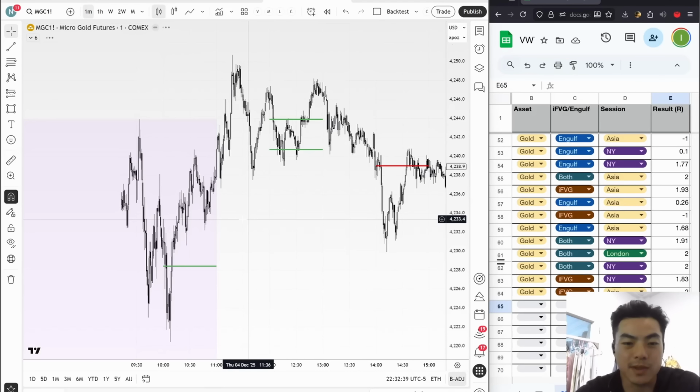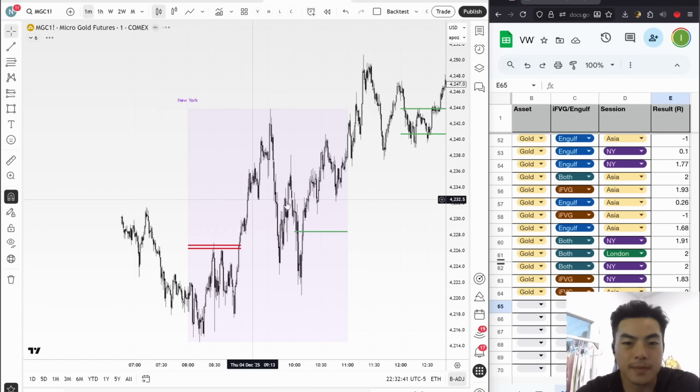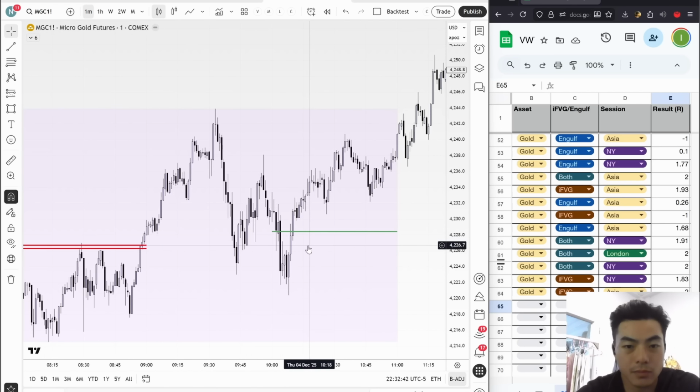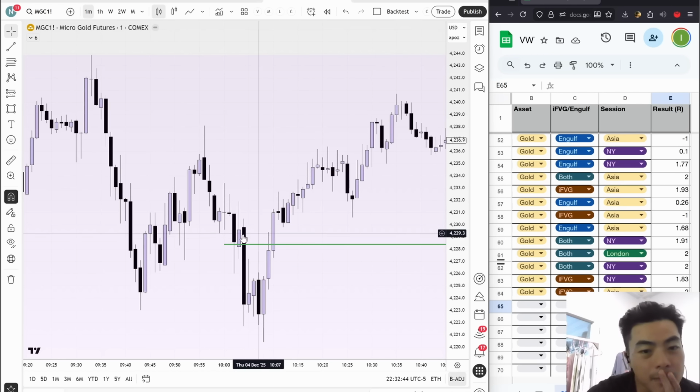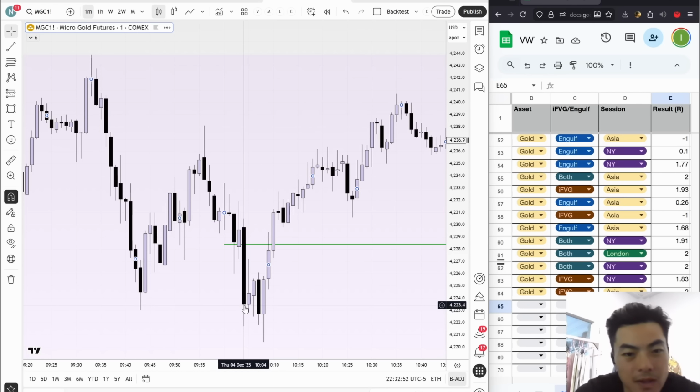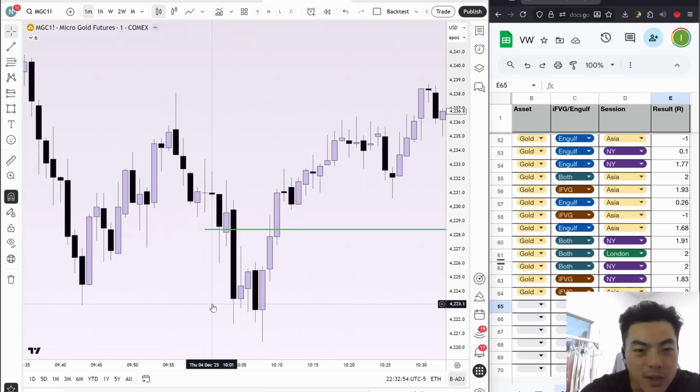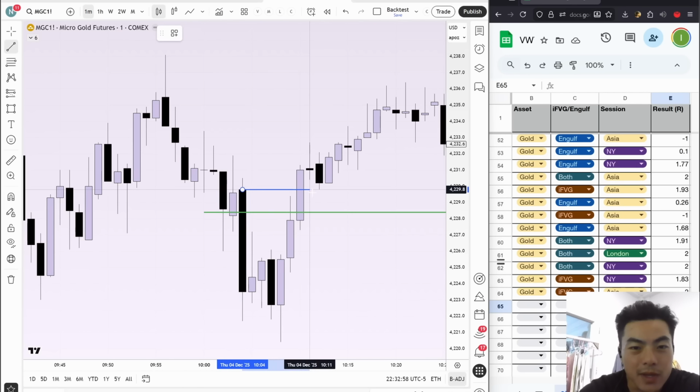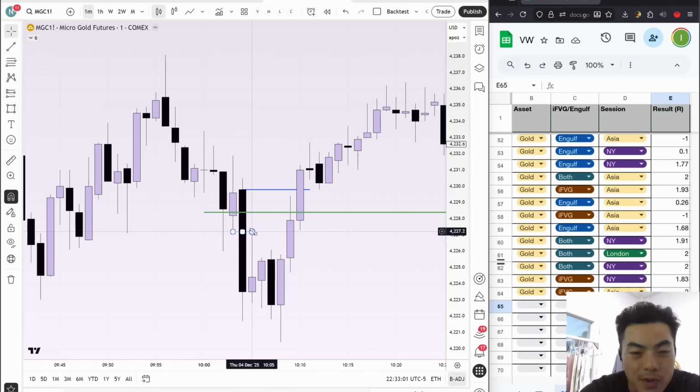4 more days for December. Okay, let's have a look here. Might be something here. 10 a.m. candle opens. We have this bullish POI to play with. Close beneath it here. And then, let's see, this would have to be our engulfing candle entry. There is a fair value gap there, very small one.